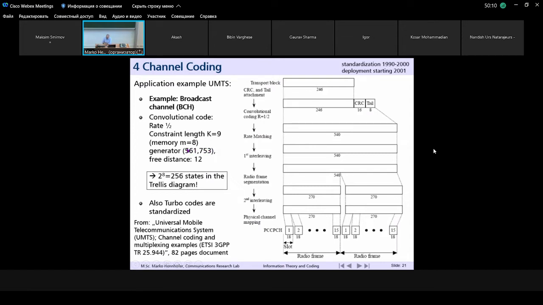This requires larger generators, and see the free distance increased significantly. So again, we traded in a larger free distance for the price of increased computational complexity. But obviously, our mobile devices also became more powerful.